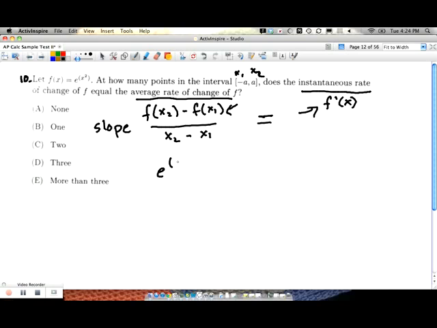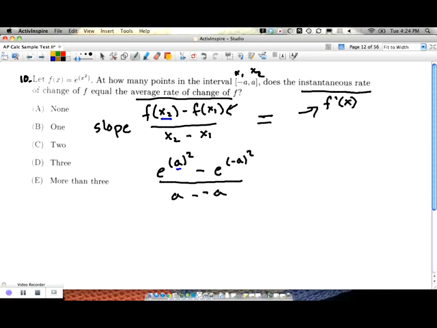So that means e to the a squared is f of x2 minus e to the negative a quantity squared all over a minus negative a.